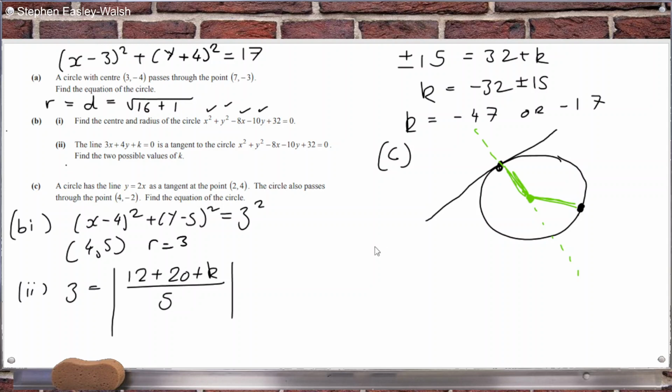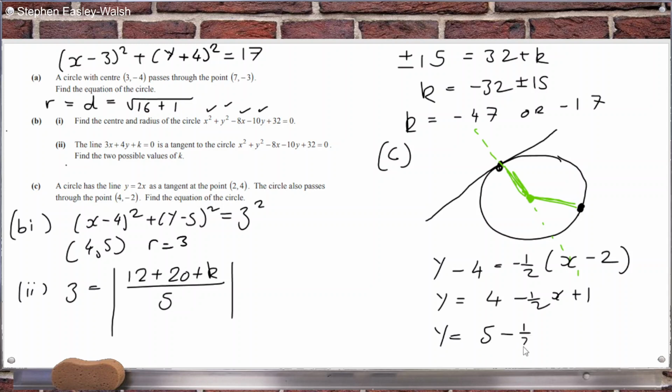So we use the formula y minus y1 equals m, which would be minus a half, times x minus x1. That's this line here. So I have y equals 4 minus a half x plus 1. Y equals 5 minus a half x.